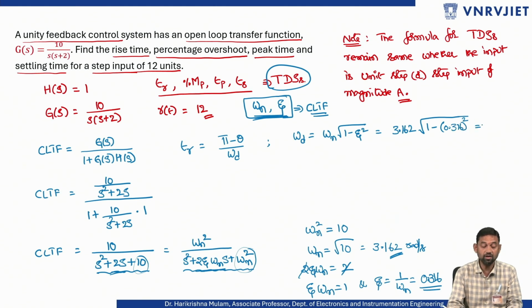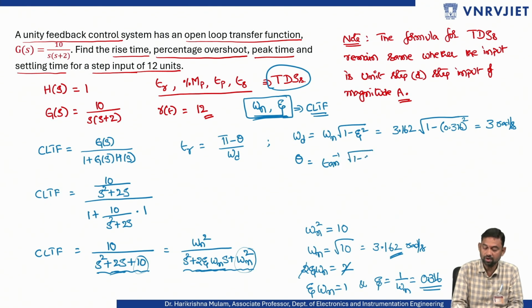If you find its value, it comes to around 3 radians per second. Then theta is equal to tan inverse of square root of 1 minus zeta square by zeta, that is, tan inverse of square root of 1 minus 0.316 whole square, divided by 0.316.